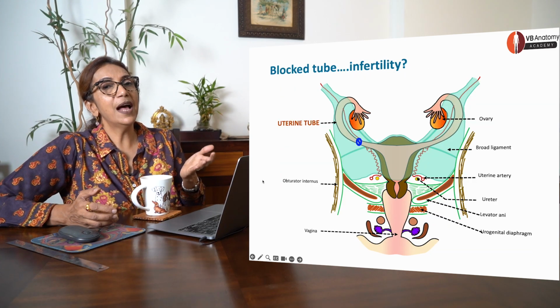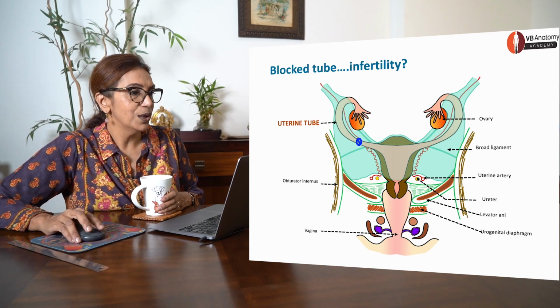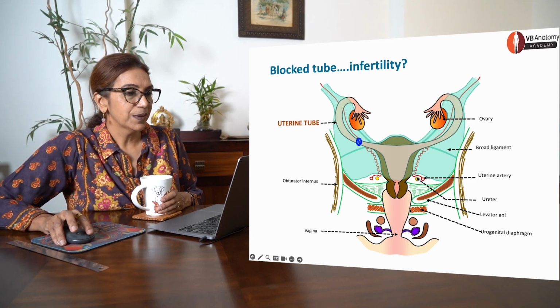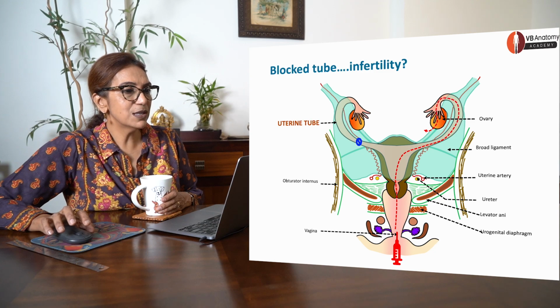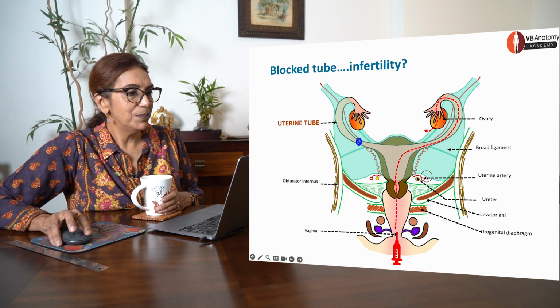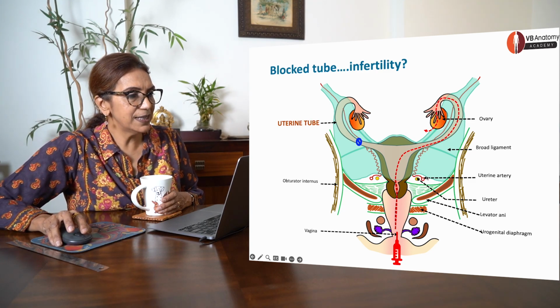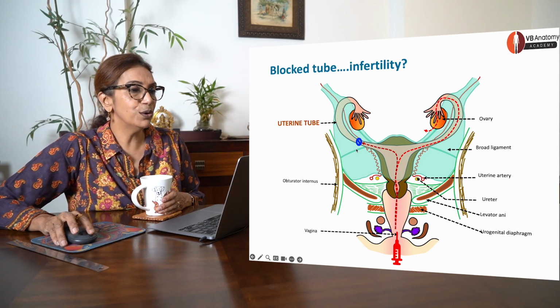So now what would happen if the tube was blocked? Come take a look. So here is the blockage, okay? So again you are injecting a dye. When the dye passes through on the other side, you can see that it has passed through the fallopian tube, there will be spillage. But on the side where there is blockage, the dye gets stopped at the block. So what do you find?